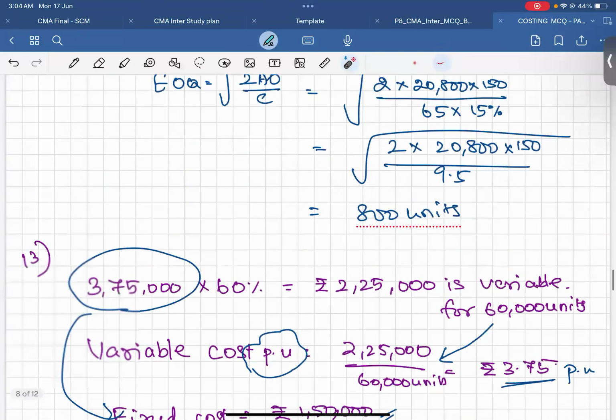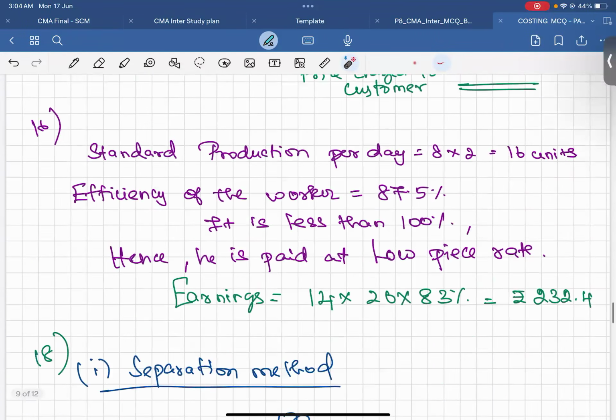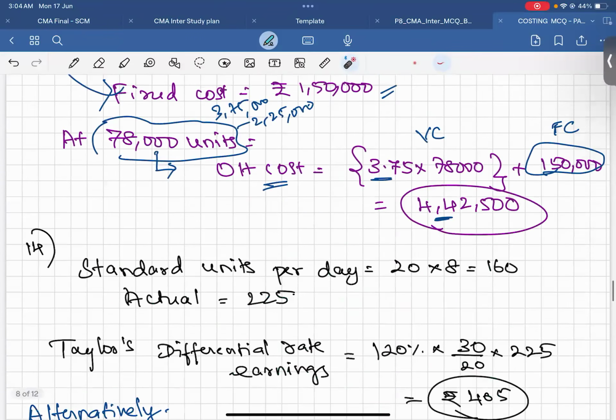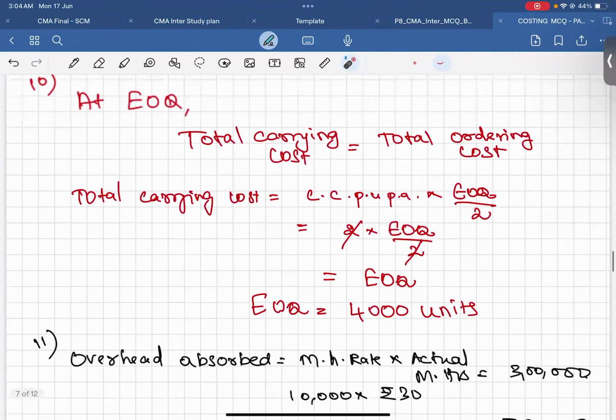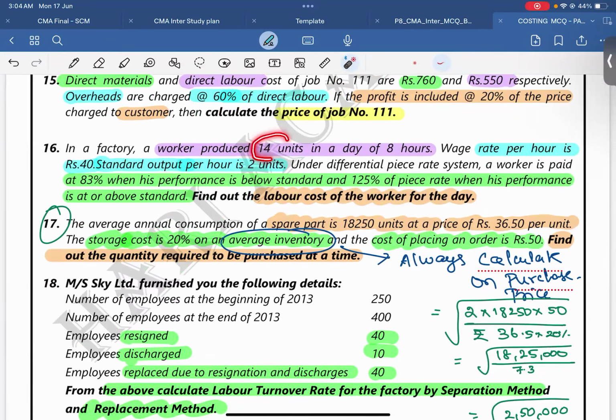What will you do? Standard production per day, so 8 hours into 2 units, total 16 units in a day you need to produce. Efficiency of the worker is only 87.5 percentage. How is it 87.5 percentage? Because the worker produced 14 units in a day of 8 hours.